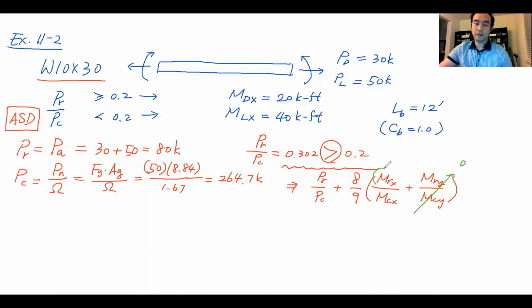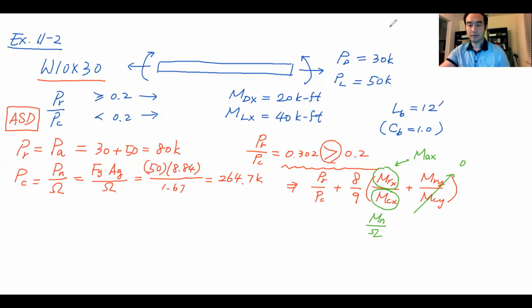So let's calculate MRX and MCX. MRX is going to be, using ASD, MA against the x-axis. And then MCX is going to be MN over omega. Okay.